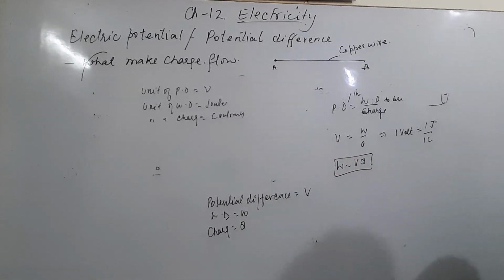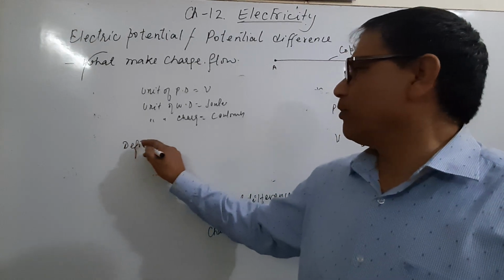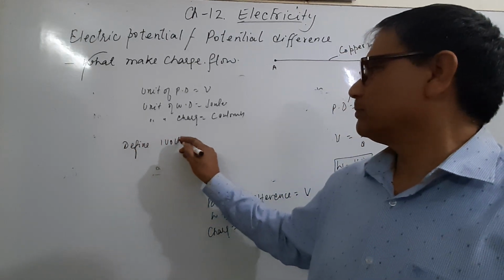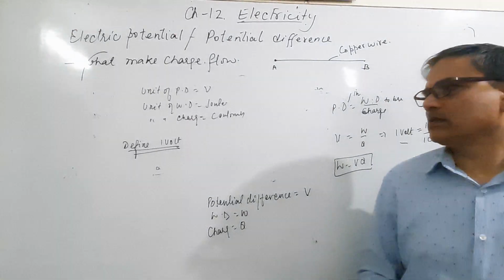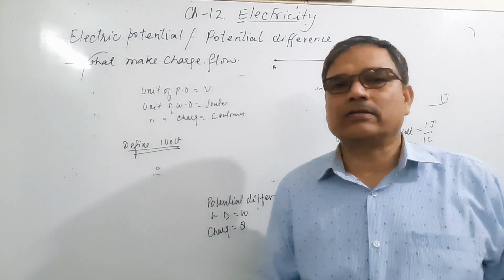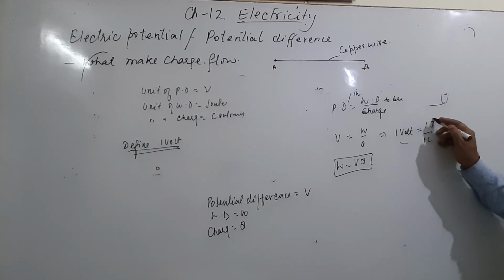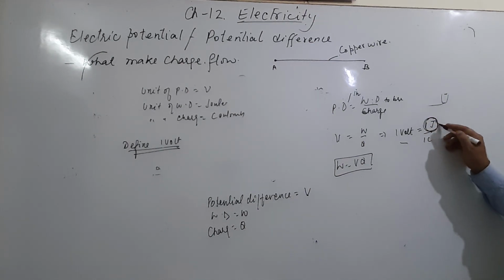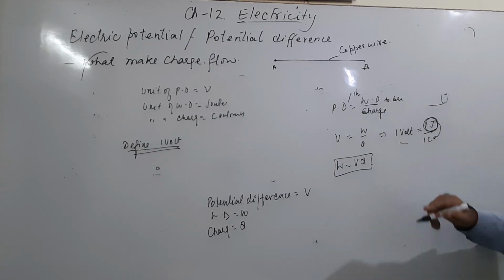Then how can you define 1 volt? If the question is asked, define the potential difference of 1 volt between 2 points, then how can we define it? If 1 joule of work is done to bring a unit positive charge, meaning 1 coulomb of charge, from one point to another point, that is known as 1 volt.